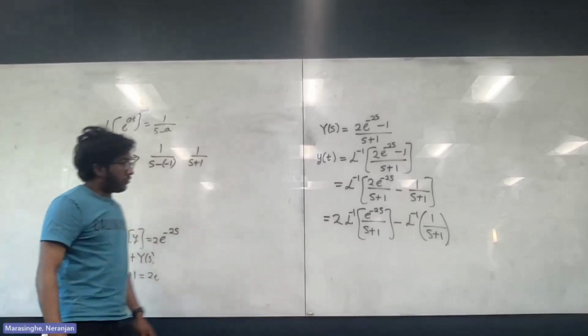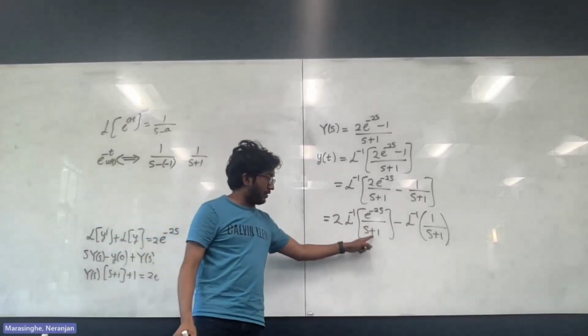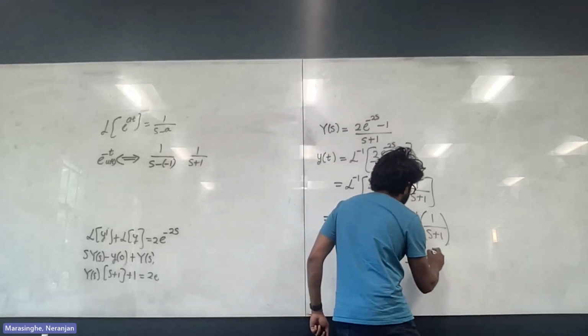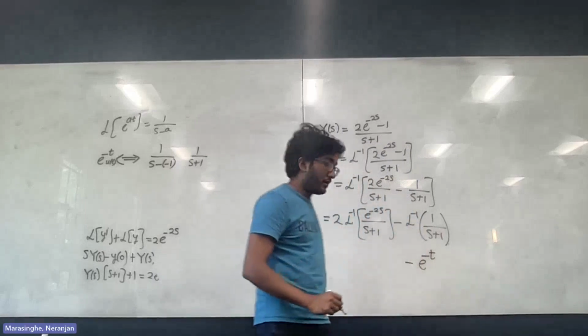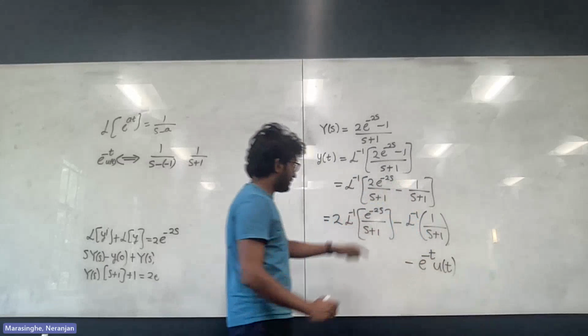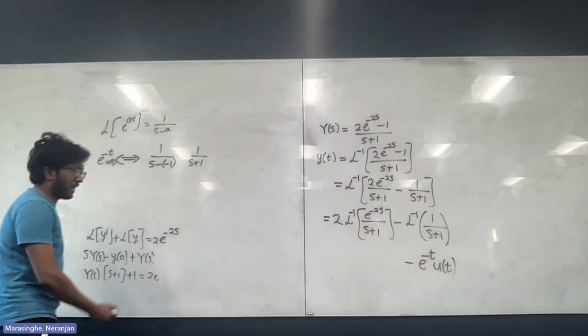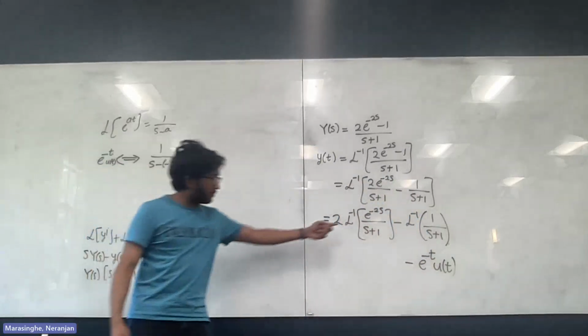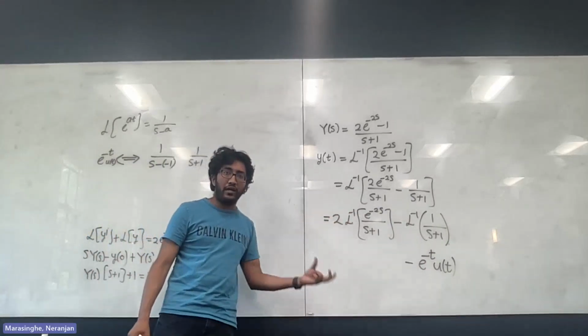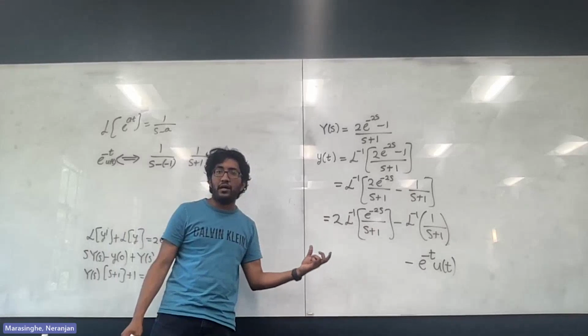Now, but I don't have just 1 over s plus 1, right? So that means I know the inverse Laplace of this function, that is e to the minus t ut. The problematic part is this, but it can also be handled. Because what has happened in the Laplace domain? You can see the multiplication by an exponential.